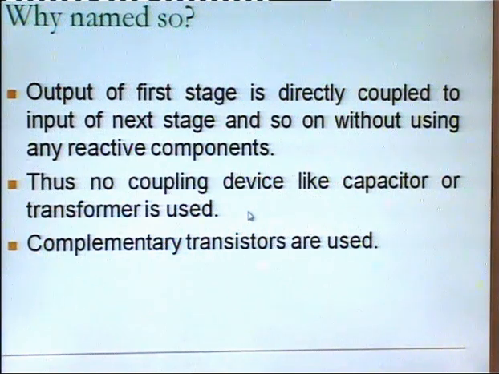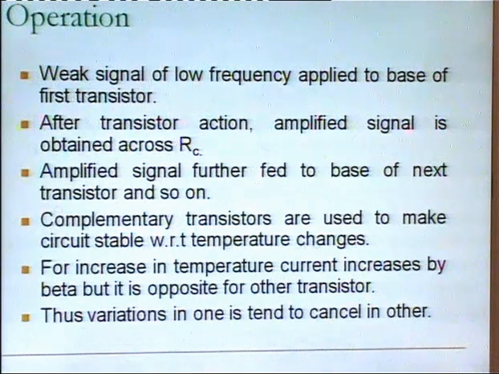Now, complementary means if at the first stage you are using an NPN transistor, at the second stage you will use a PNP transistor, and so on, and vice versa. If you have used an NPN transistor in the first stage, in the second stage you will use a PNP transistor, and vice versa. Now, operation: your direct coupled amplifiers are used for weak signals, that is less than 10 Hz, and this weak signal is applied to the base of the first transistor.